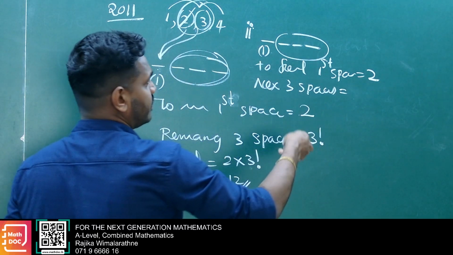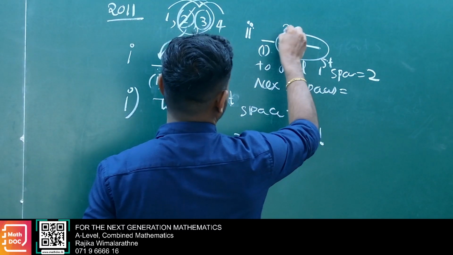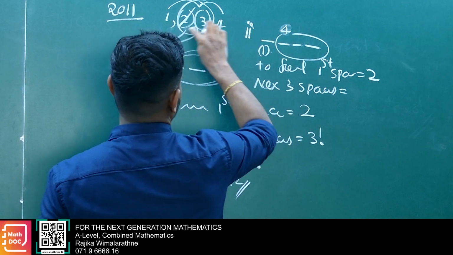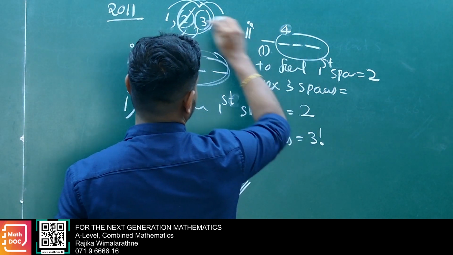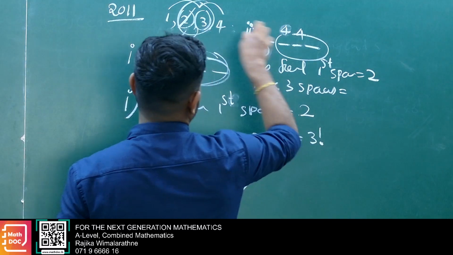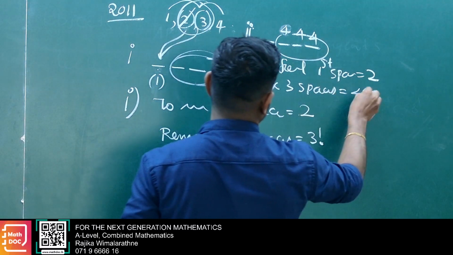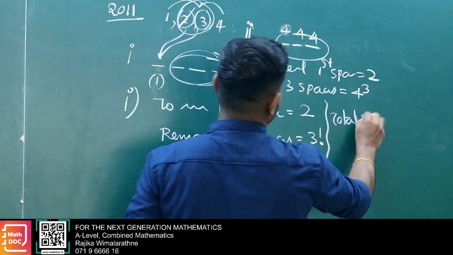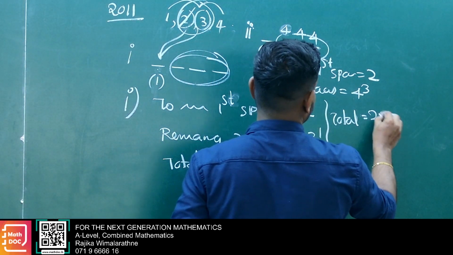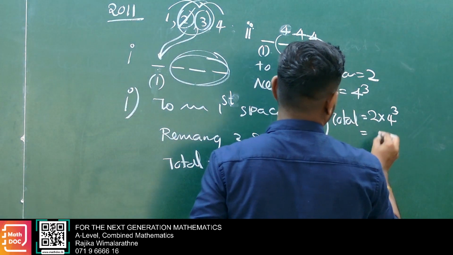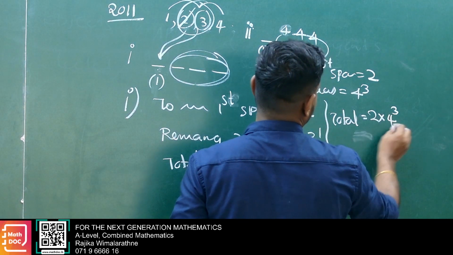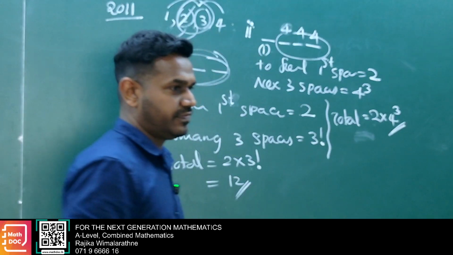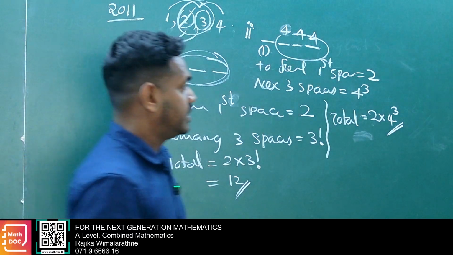Now repetitions allowed, so for this space we have 4 options, and for this again 4 options, and for the next space 4 options, 4 to the power 3. Then total, when repetitions are allowed, 2 times 4 cube.